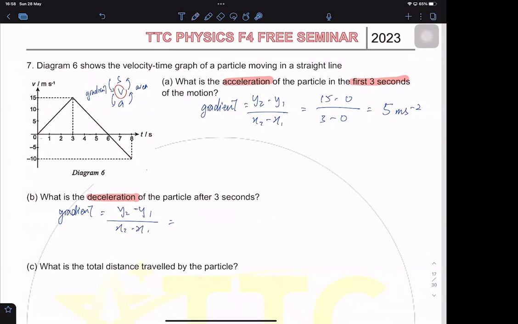The point 1 and 2 is not fixed. You don't need to fix the point must be here and here. You can choose here and here also, up to you. So I'm going to choose this point and this point as 1 and 2. So my y2 minus y1, 0 minus 15. x2 minus x1, 6 minus 3. Okay? Negative 15 over 3, negative 5.